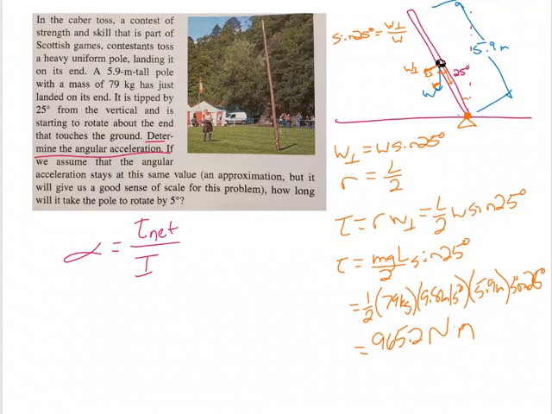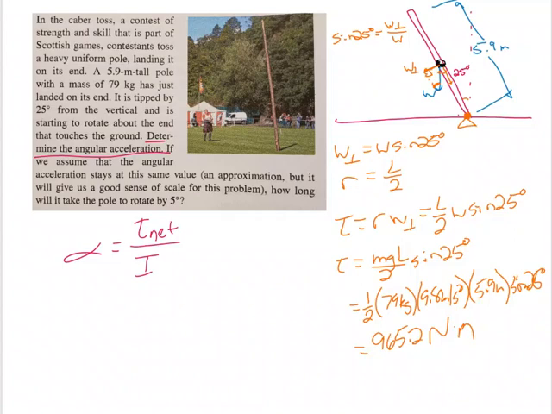It's not rotating at a constant speed. It's rotating with a constant angular acceleration. So it will speed up as it falls. Okay, so we know this formula here. This is Newton's second law for rotation, right?